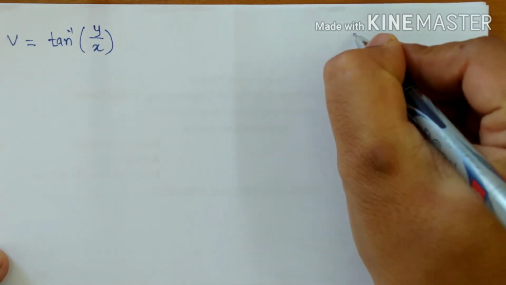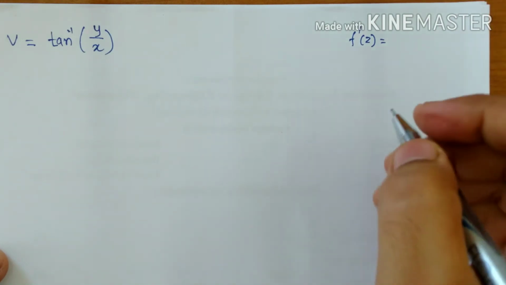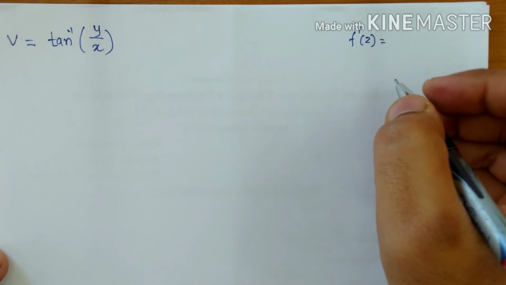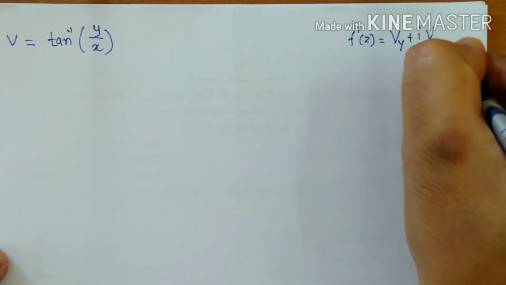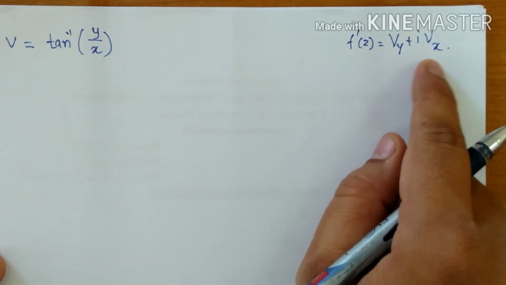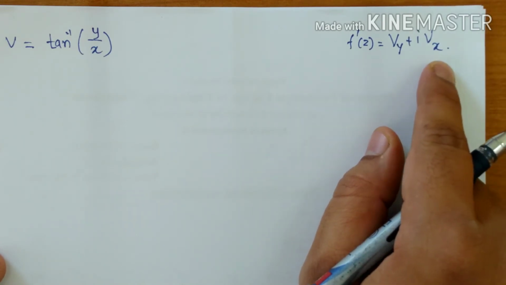Now the value of f dash of z in terms of V is given by Vy plus I times Vx. Okay, Vy plus I times Vx. So we require the partial derivative of v with respect to y, and partial derivative of v with respect to x.